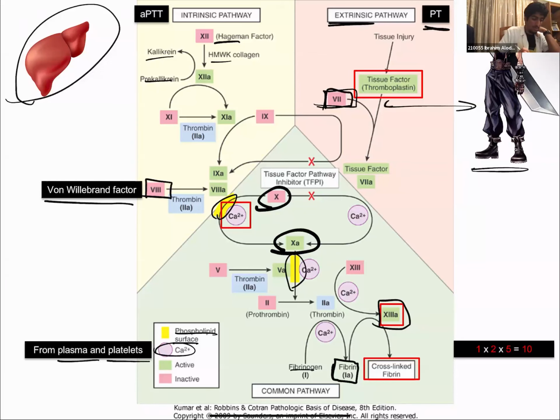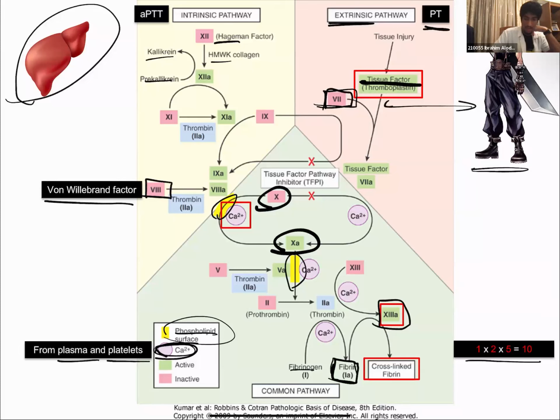So what do you need for the clotting cascade to work? You need tissue factor. You need the extrinsic and the intrinsic pathway both working. You need a phospholipid surface from the platelets, and you need calcium. And then you're going to form fibrin.